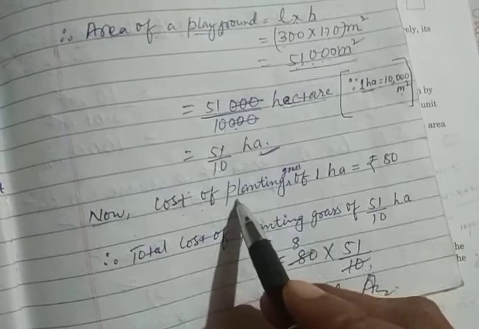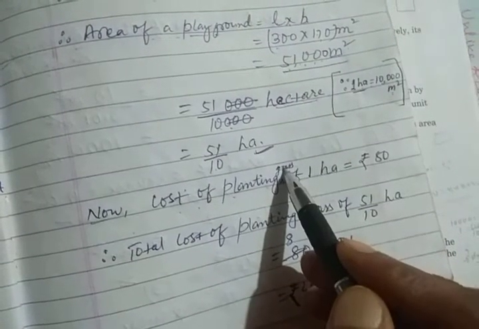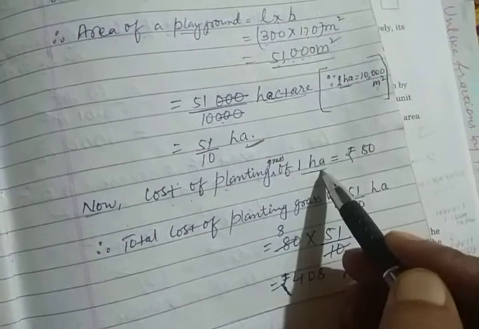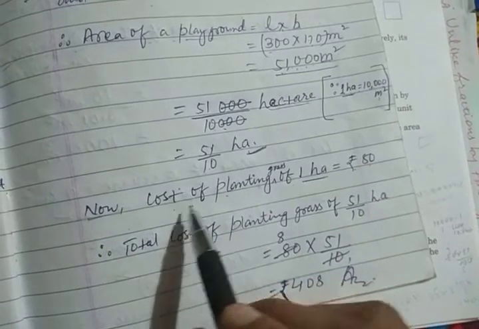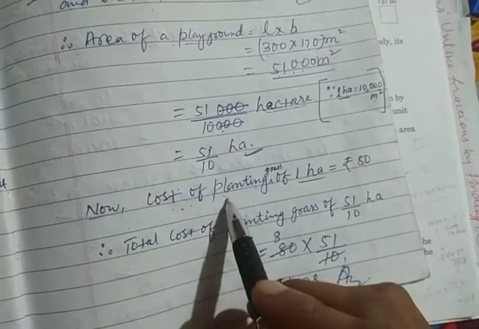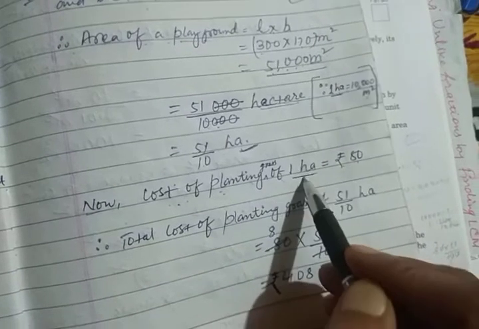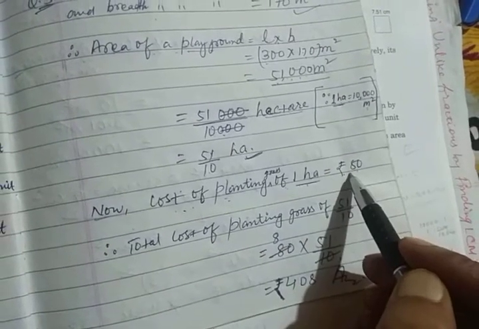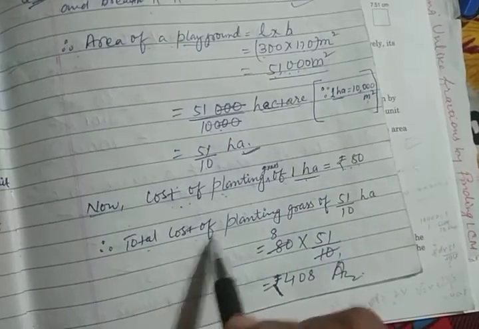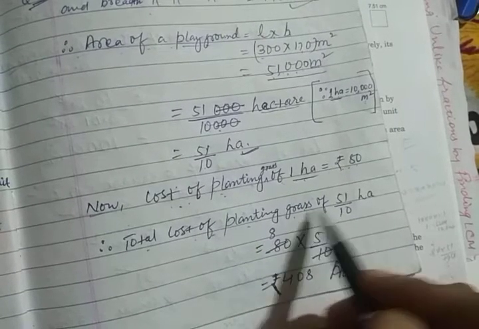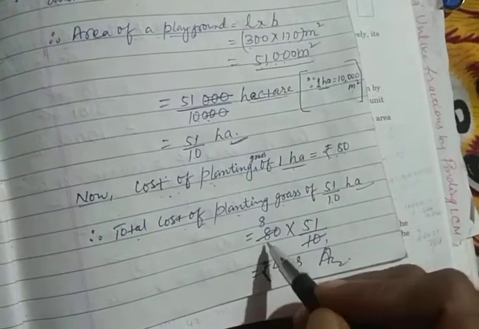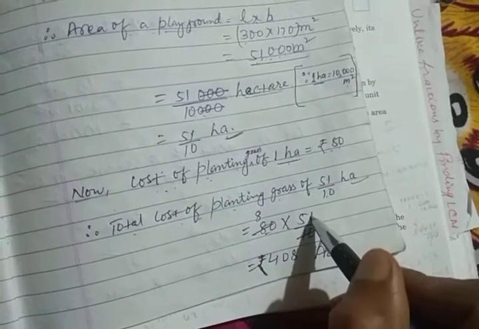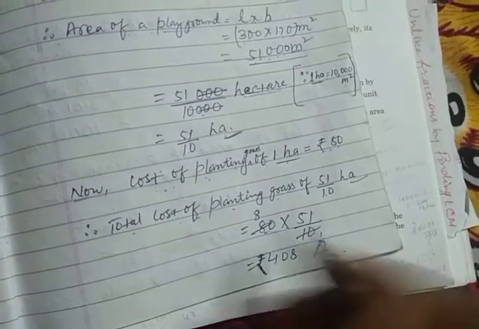Now cost of planting grass of 1 hectare is equal to rupees 80. It is given the cost of planting grass of 1 hectare is equal to rupees 80. So total cost of planting grass of 51 by 10 hectare is equal to rupees 80 multiplied by area 51 by 10.